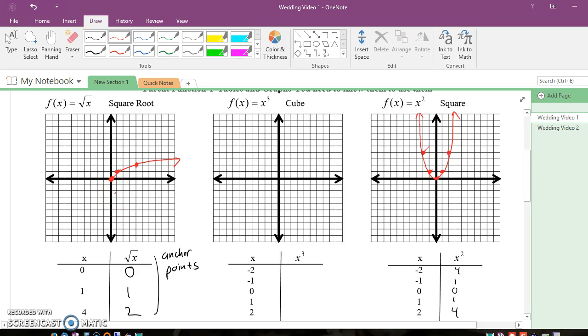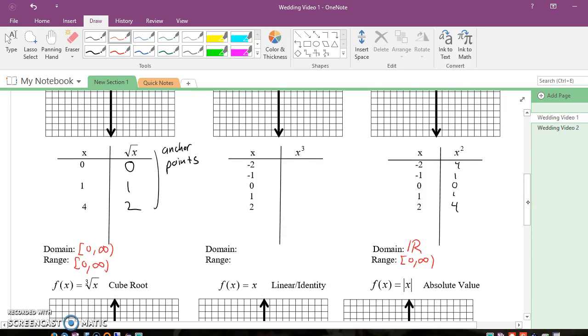You have to know what the anchor points are, and you have to know the domain and range. Okay, the good news is that most of this you already know, or can easily find out. Like that trick with the pen gives you these 2 pieces of information right here.